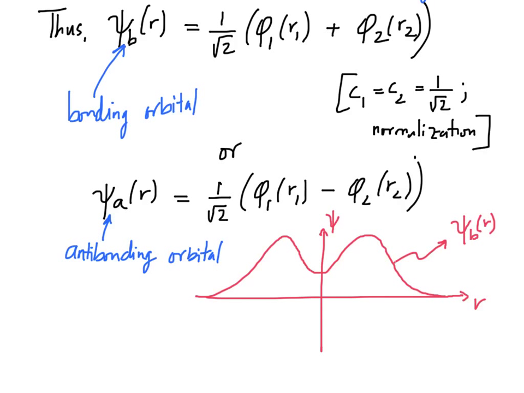How does this quantity look, right? Let's make a plot of that in the same graph. So there it is. The blue curve now is the anti-bonding orbital. So this function has been plotted.